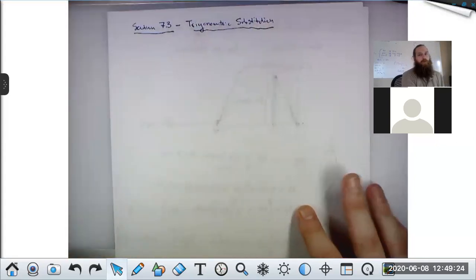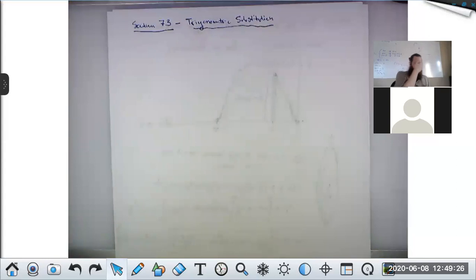Because trig sub is really cool. One of the things that drives pre-calculus, Calc 1, and Calc 2 students crazy is that square roots really don't play nice with addition or subtraction.